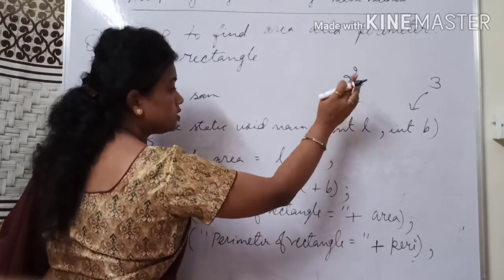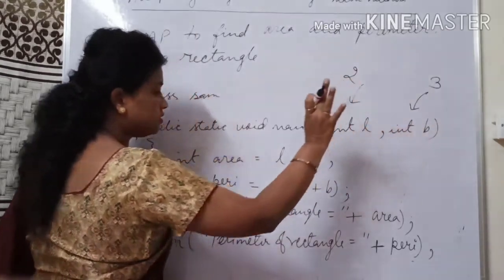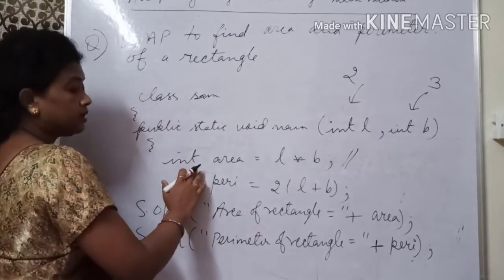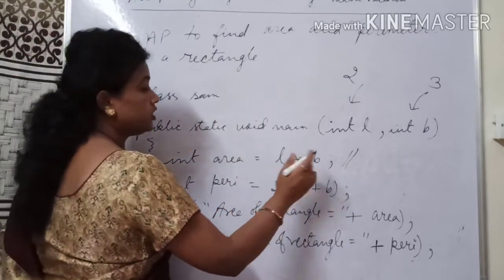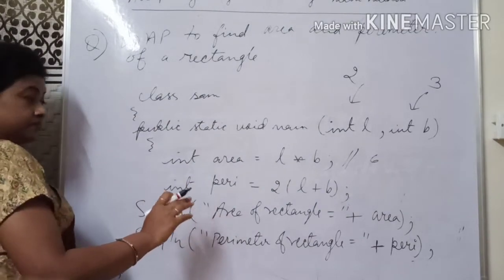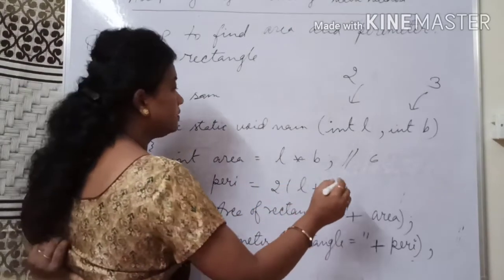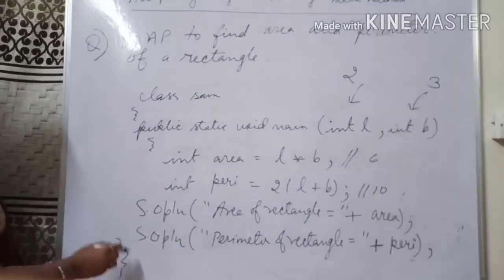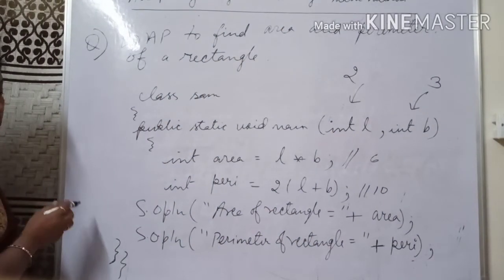L will store this 2, and breadth will store this 3, and then it comes to area. After executing this logic, you will get 6. And what is the perimeter? 10.